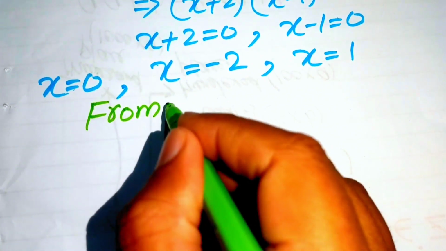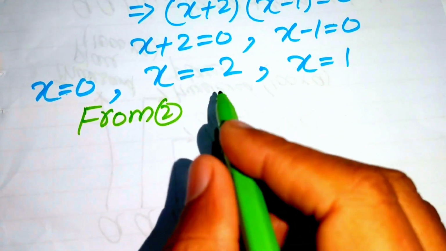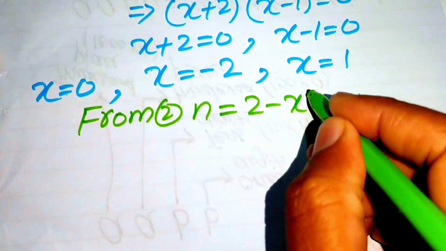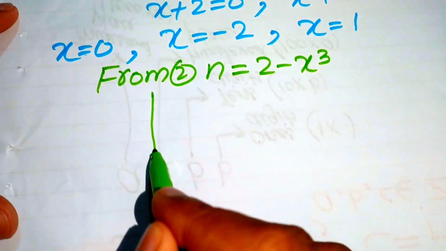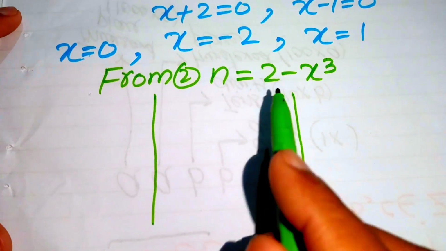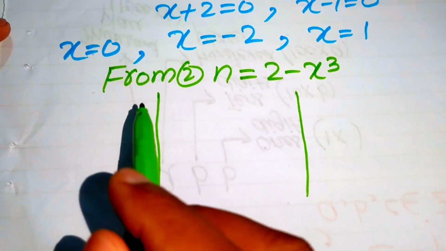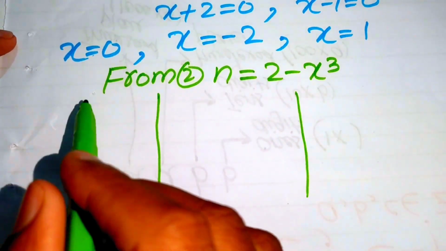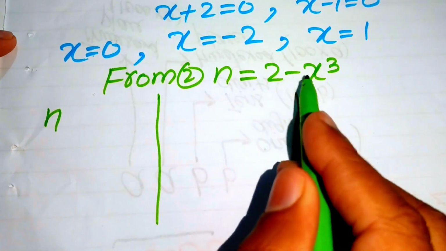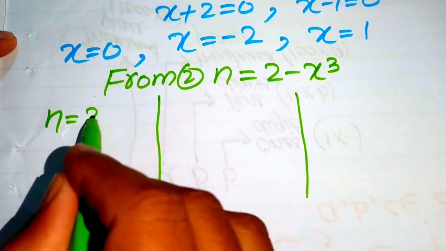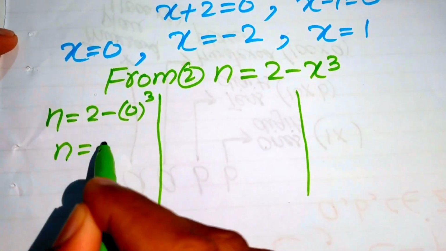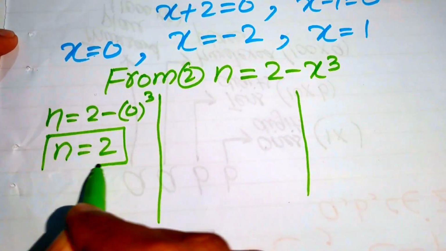So from equation number 2, n equals 2 minus x cubed. So we put all these three values of x in this equation, and we get the corresponding values of n. So here, when you put x equals 0 here, then you get n equals 2 minus 0 cubed, and we get the first value of n equals 2.